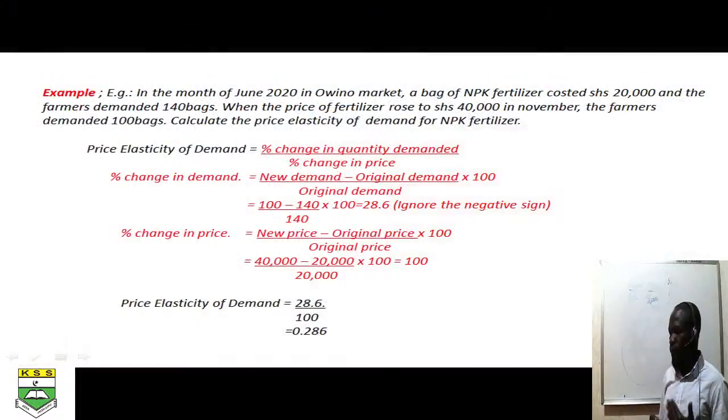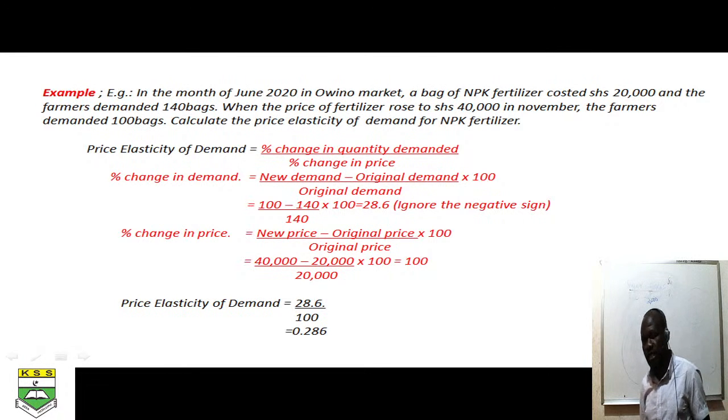In the month of June 2020 in the Owino market, a bag of fertilizer costed 20,000 shillings. And when the price was 20,000, farmers demanded 140 bags.